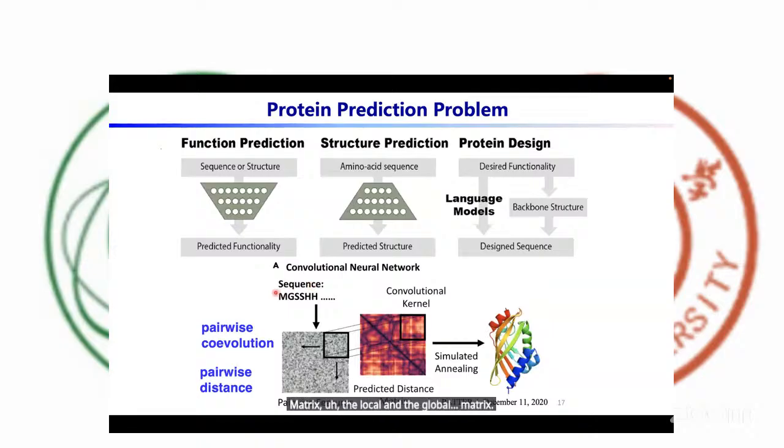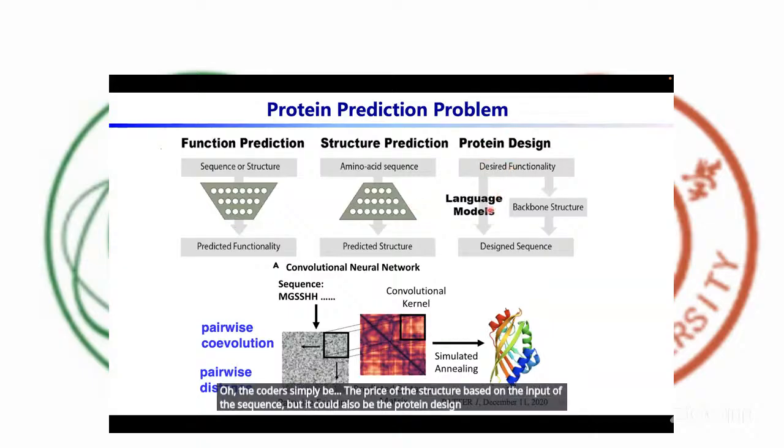Once you have that, you are ready to construct a deep learning model, but when you develop a deep learning model, we have to decide the task of each model. It could be the prediction of the function of the protein based on the input sequence, or based on the input structure, or it could simply be the prediction of the structure based on the input of the sequence. But it could also be protein design.